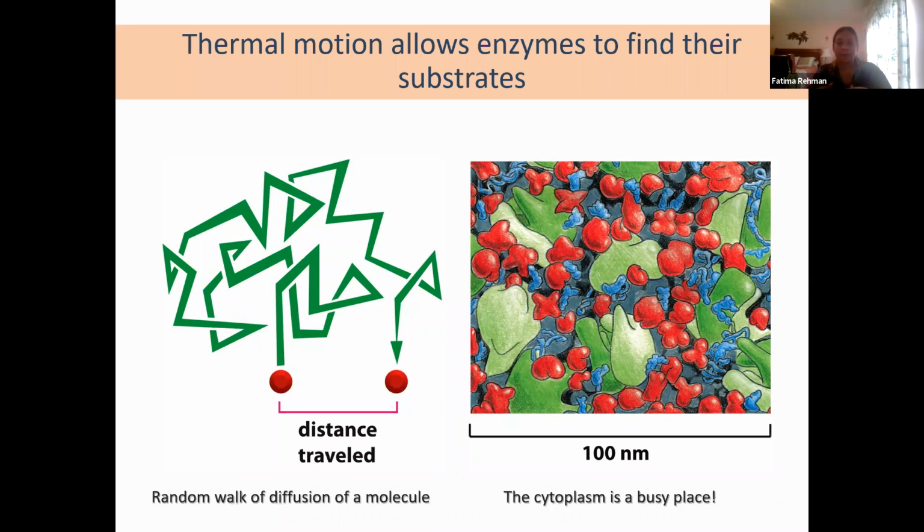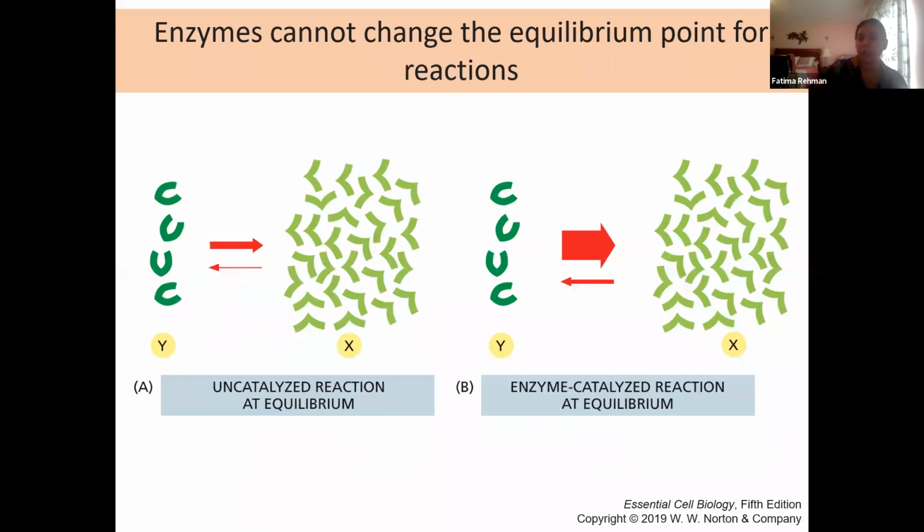So in our body, in general, we have to have a certain amount of thermal energy or heat energy in order for molecules to be mobile enough so that they can interact with each other and find their substrate and do the work that they need to do. If you were to lower the temperature, the metabolic rate goes way down, because those molecules are not as well in motion. They are not able to interact with other molecules in their space and find the substrates that they need in order to have the reaction occur.